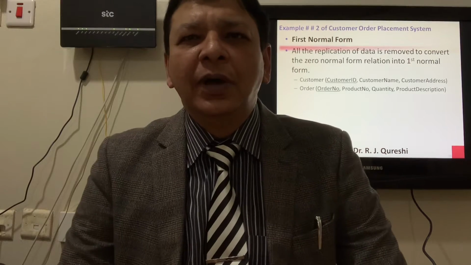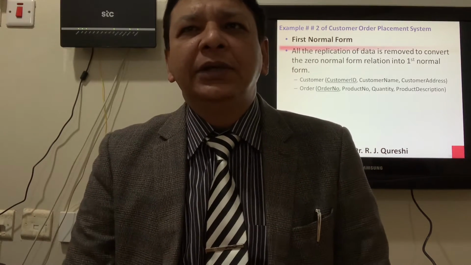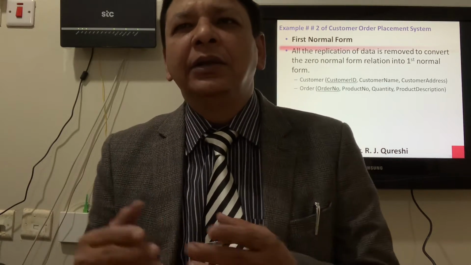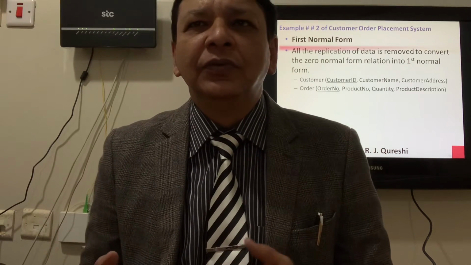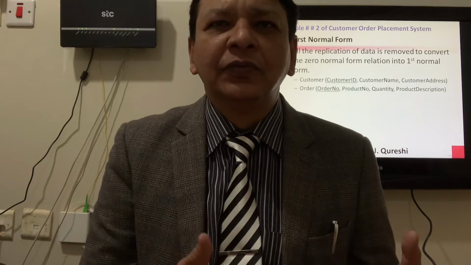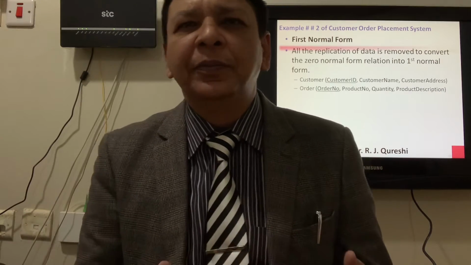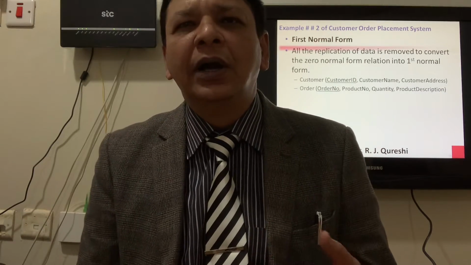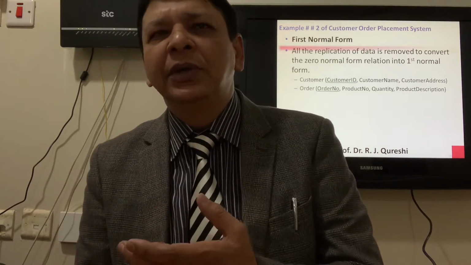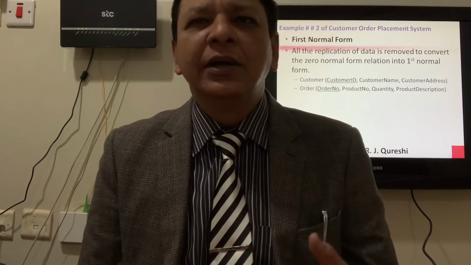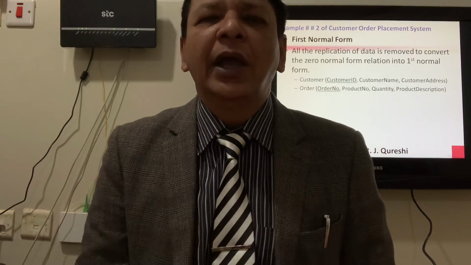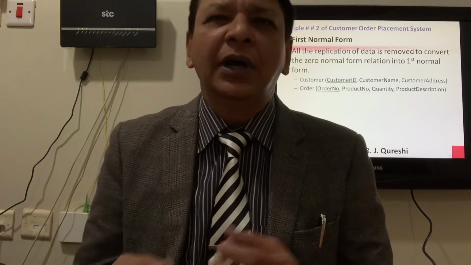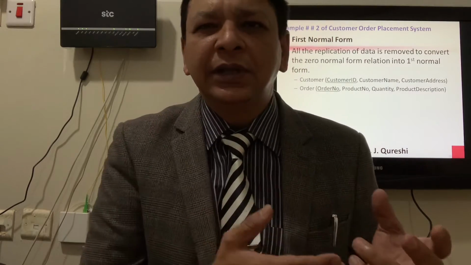So in first normal form, all the replication of data is removed and the non-key attributes are dependent on the primary key. So customer ID, customer name, customer address, order number. So there is no replication, and all the associative attributes are placed against the entities.